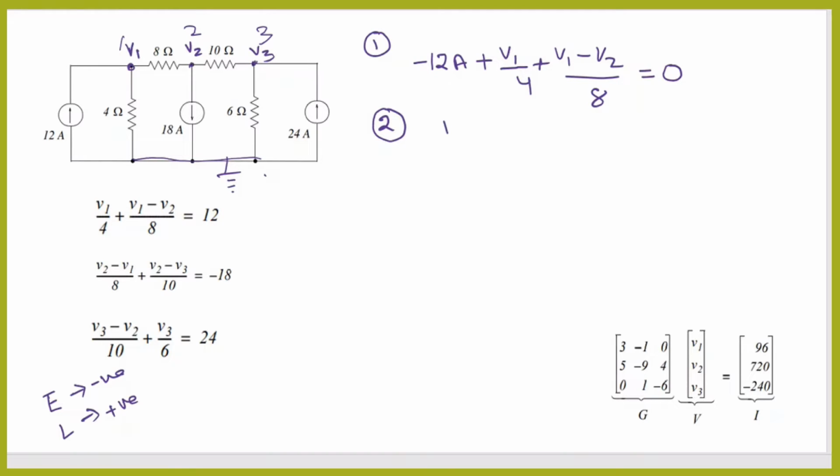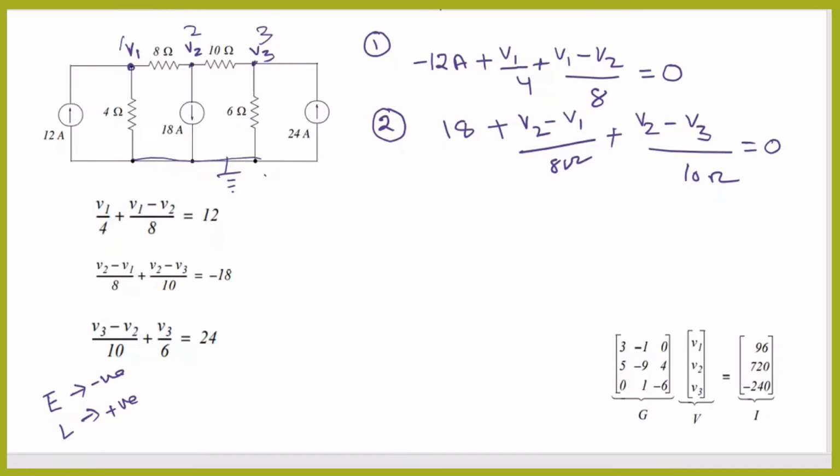So 18 plus (V2 minus V1) divided by 8 ohms, because to this node 8 ohms is connected and 10 ohms is connected and 18 amperes is connected. So 10 ohms is connected, right? So (V2 minus V3) divided by 10 ohms.